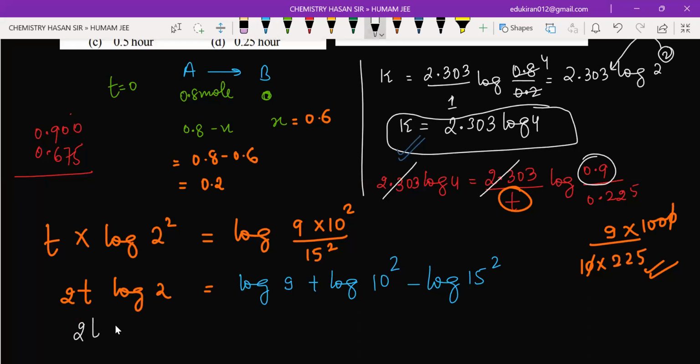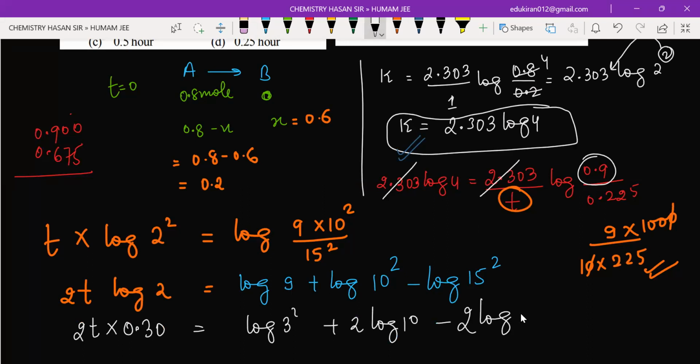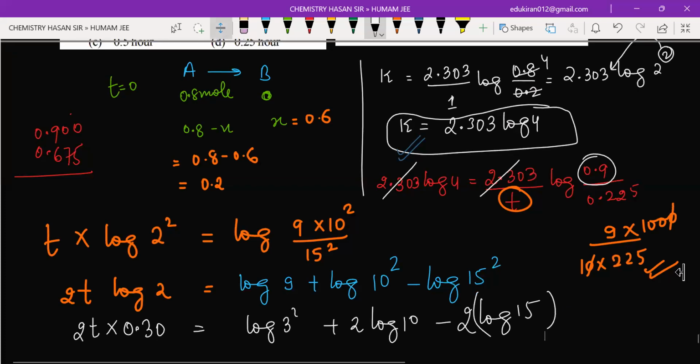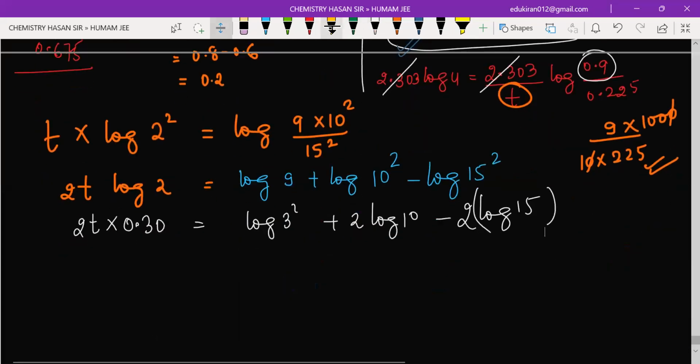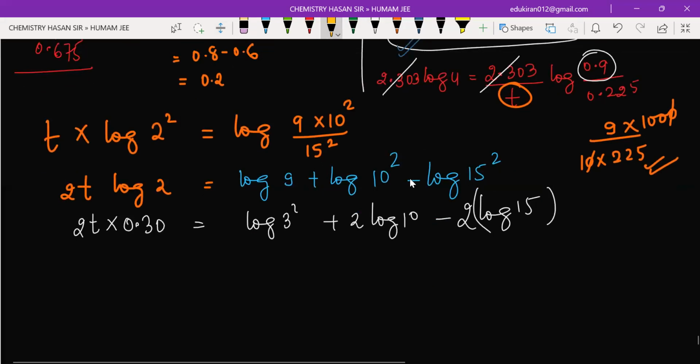Now 2t into log 2 has a value 0.30, so you can do this, and log 9 can be written as log 3 raised to the power 2, plus this can be written as 2 log 10, and this can be written as minus 2 log 15, right? Yes, sir. And when the value is not given, you need to solve it. If your maths is strong, you can do this, not that many steps, that is not necessary. Here it will be 0.60t, and this will be equal to 2 log 3.